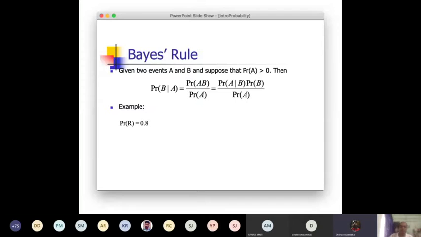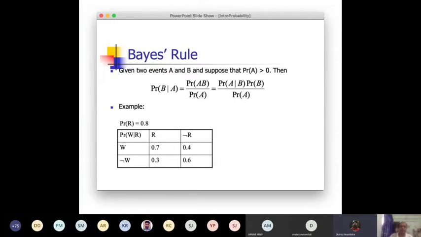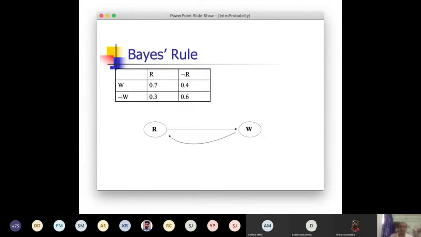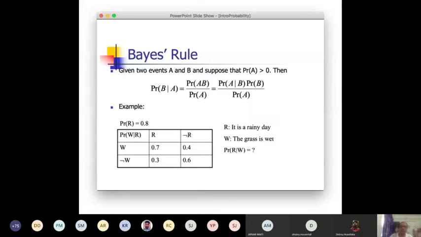So this example, what I mentioned in the previous class, I think we worked on that particular example. There, we considered rain and the other event, the grass is wet, and the table shows the conditional probability that the grass is wet given rain or not rain.